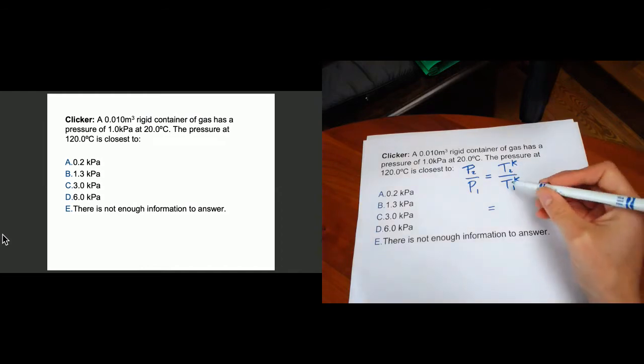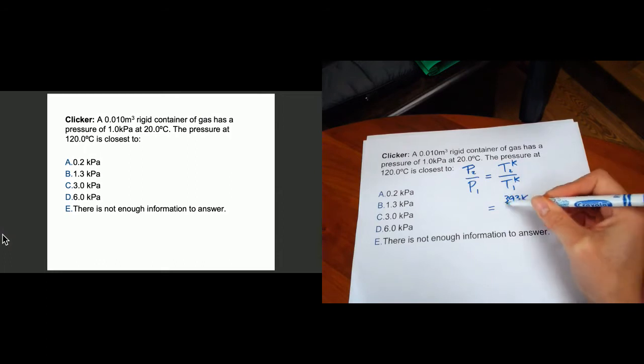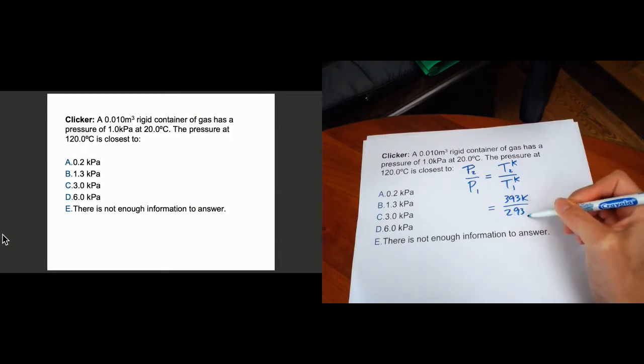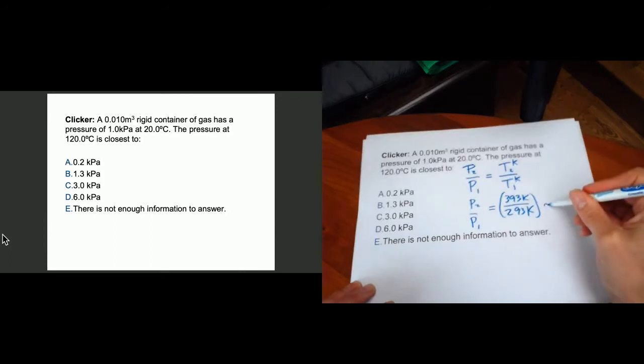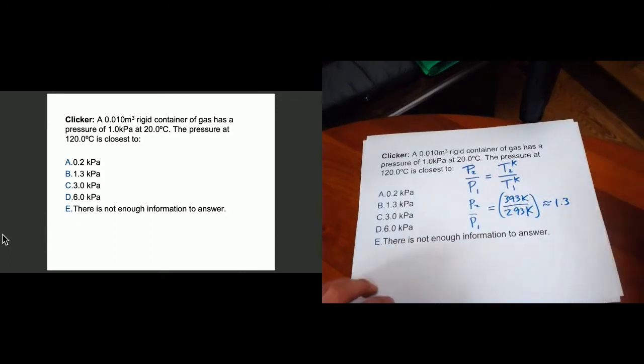And so what we have to do is convert those temperatures to Kelvin temperatures by adding 273.15. So we're going to have 393 Kelvin over 293 Kelvin. So P2 over P1 is this, which is approximately 1.3.